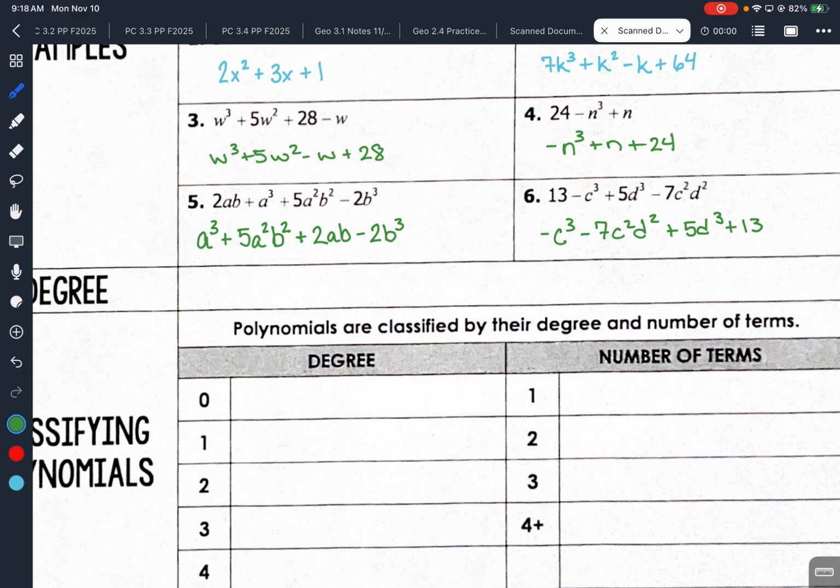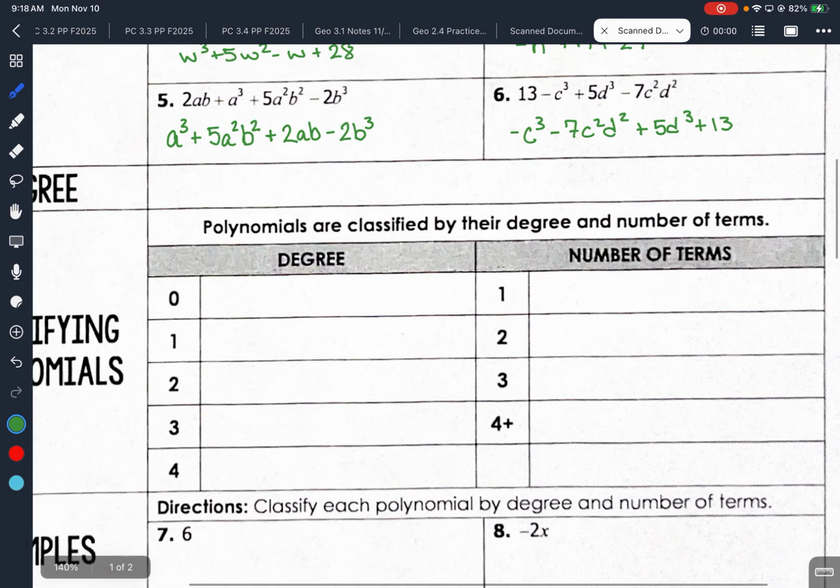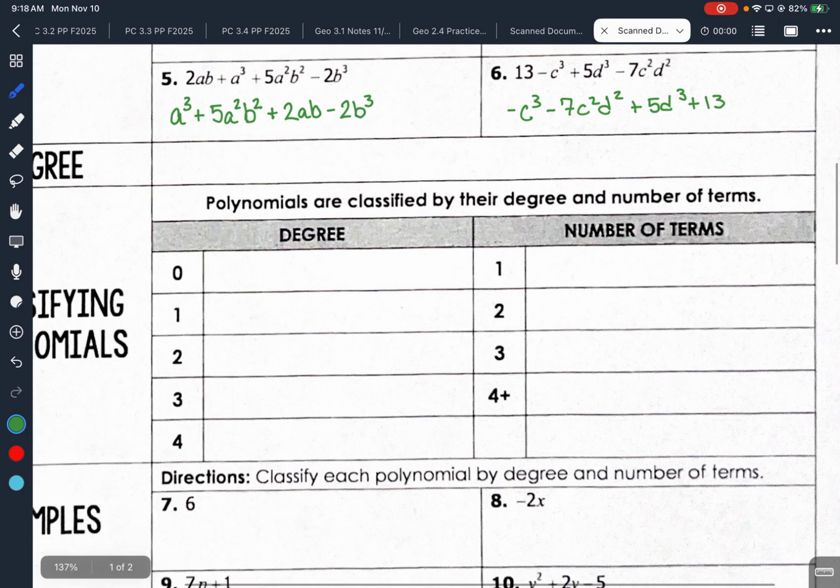The other thing we need to do is be able to classify things. We are going to classify them by the degree and by the number of terms. The degree is the highest or largest degree. If you put them in order, it's easy to find, because that's going to be the first one, right?